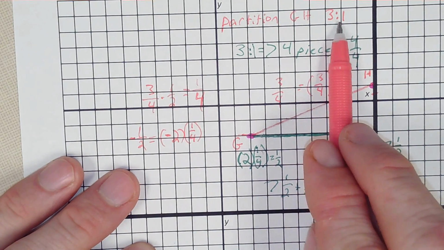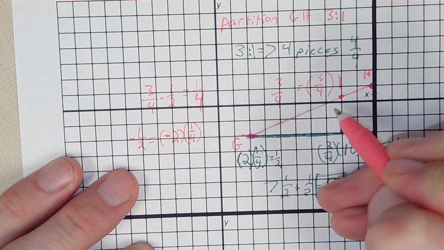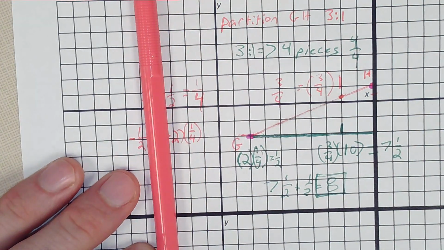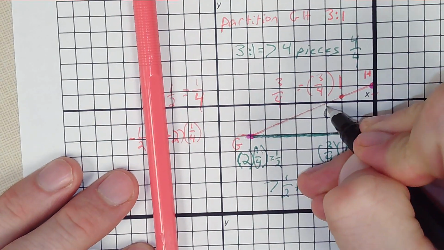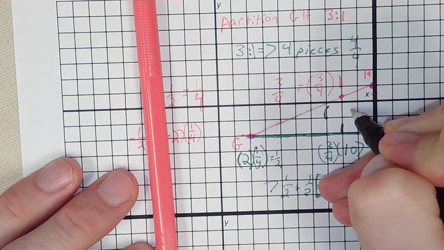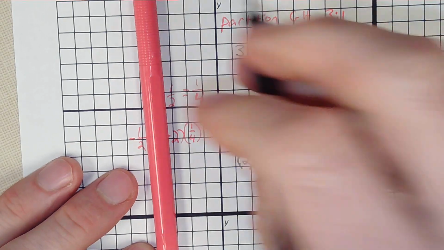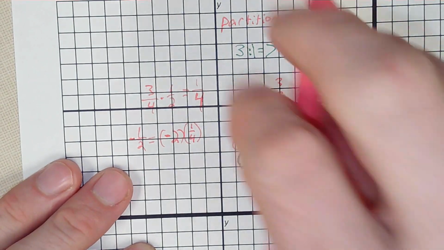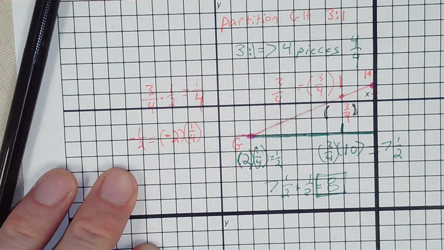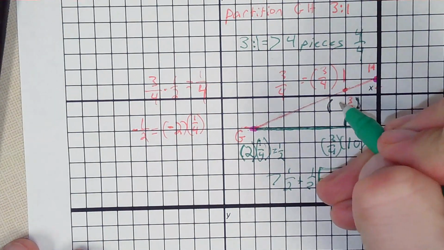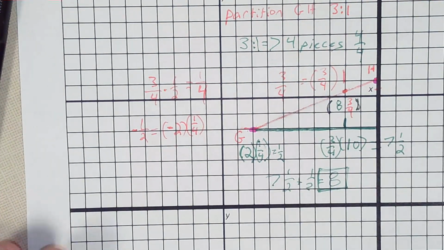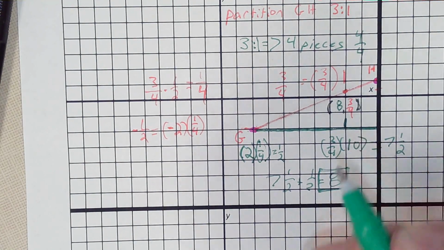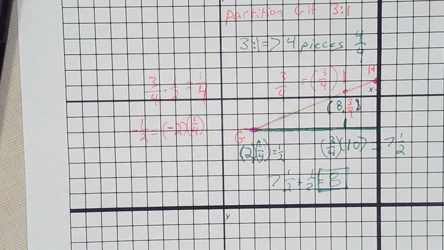That's my 3 to 1 ratio. And my point here, if I write it, my point will be 3/4 for my y value and 8 for my x value. Okay? So that is how you do that.